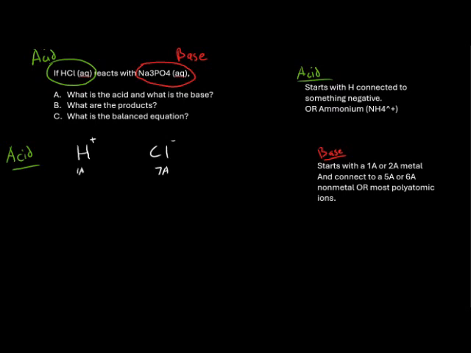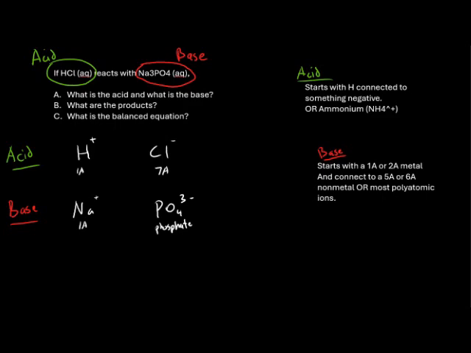We'll also break the base into pieces. We'll have sodium. We'll temporarily ignore the fact that there are 3 of them and just write that sodium is also in group 1A and will have a charge of plus 1. PO4 is a polyatomic ion, and this polyatomic ion is phosphate. Phosphate has a charge of 3 negative.